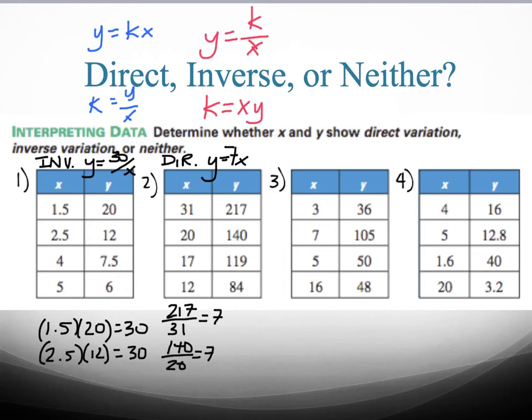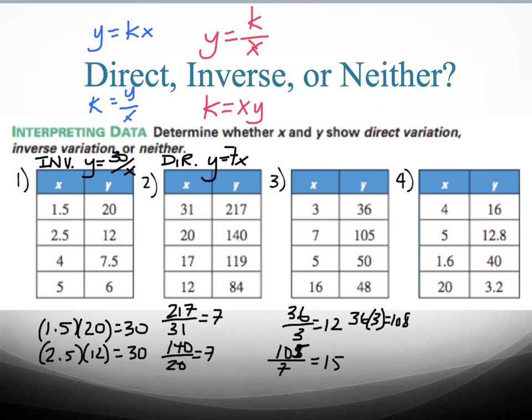Next, 36 over 3, that's 12. 105 over 7 is 15. Not the same, not direct. 36 times 3 comes out to be 108.